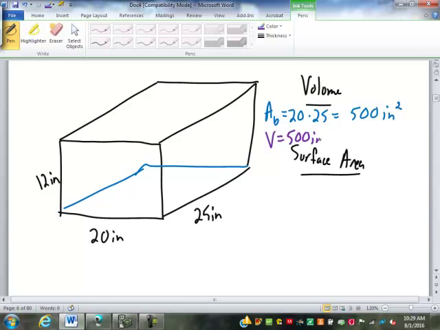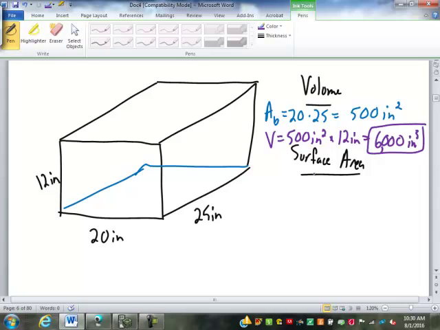Take the area of that base times the height, which is 12 inches, which will give us 6,000 cubic inches. Any questions? How many of you had that?